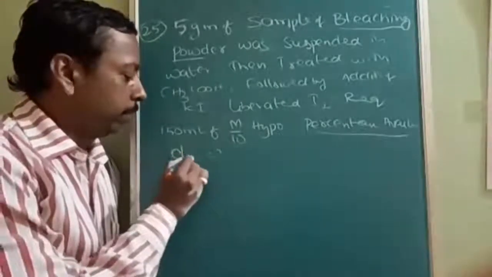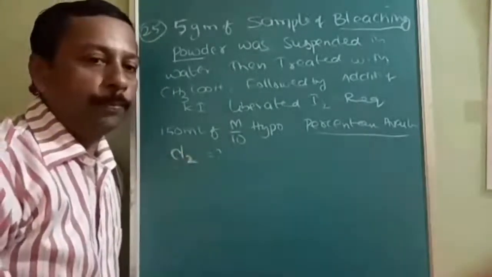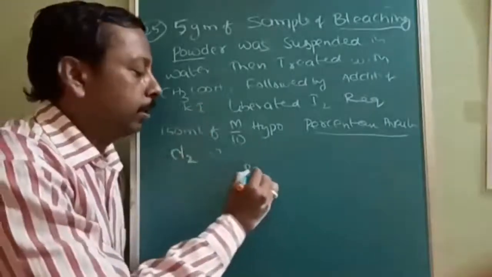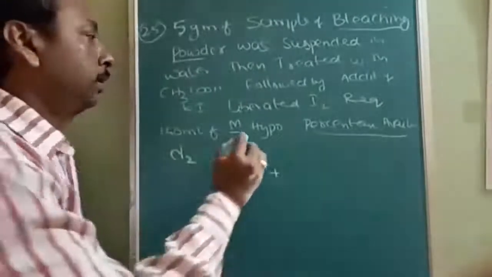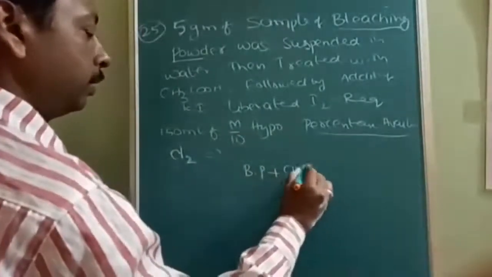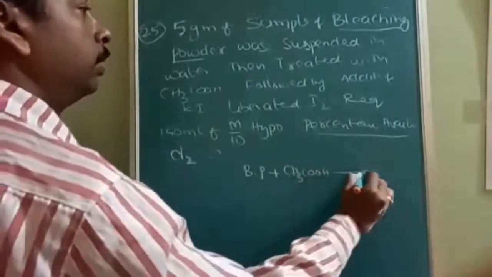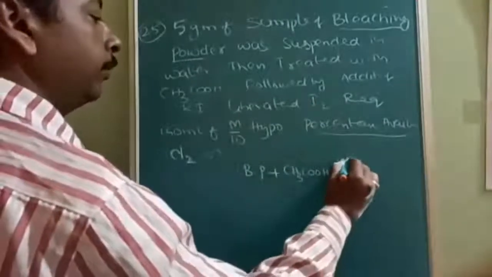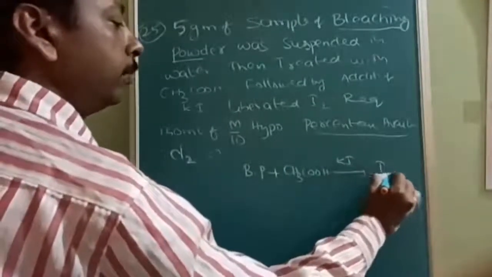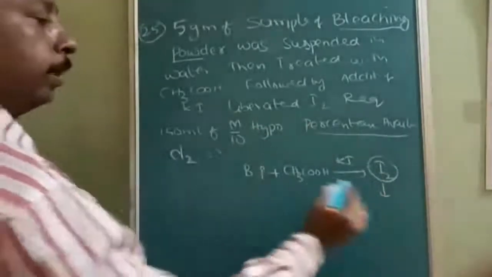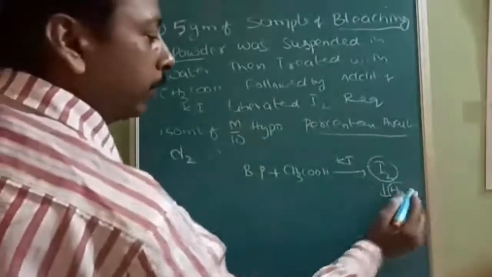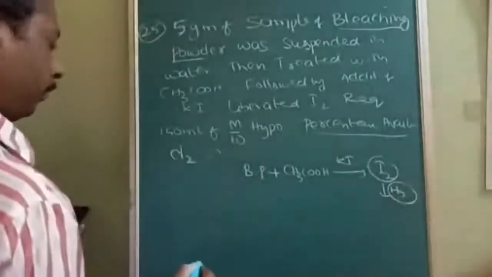That chlorine is called available chlorine. For that, bleaching powder is first treated with acetic acid, CH3COOH. Then KI is added, and this releases some iodine. How much iodine is liberated is calculated by using hypo. That means its equivalent is equal to the available chlorine.